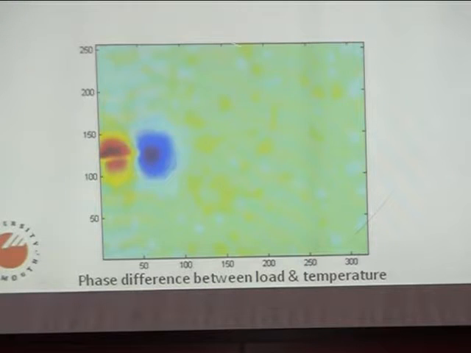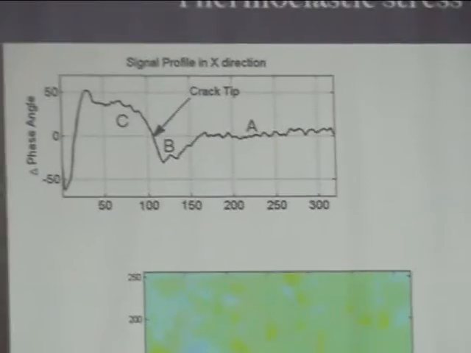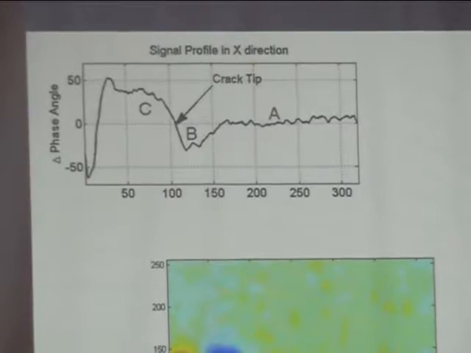Out here, it's essentially zero. The green is around zero phase difference. Our crack tip is here. Ahead of the crack, we're out of phase in one sense, and behind the crack, we're out of phase in the other sense. And this is based on some work that John and I did with Paco Diaz about 10 years ago now, maybe. And you can plot along the line where the crack is, and you can see the variation in the phase difference between load and temperature.